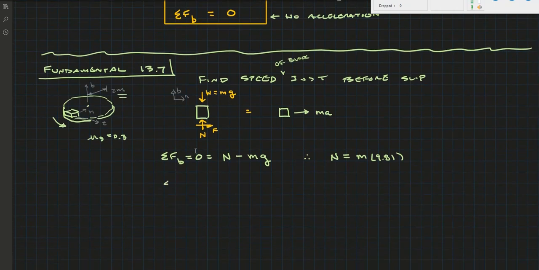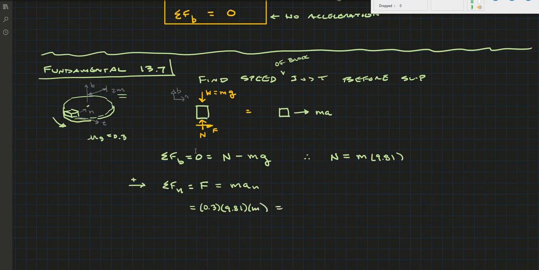Let's sum our forces in the normal direction. So now we're going to get F going positive here, so this is what we're going to call positive. So F equals m a normal, and essentially F is our coefficient of friction, 0.3 times 9.81 times our mass.